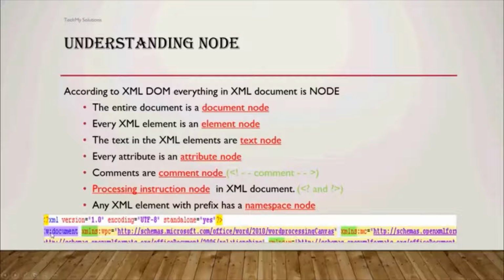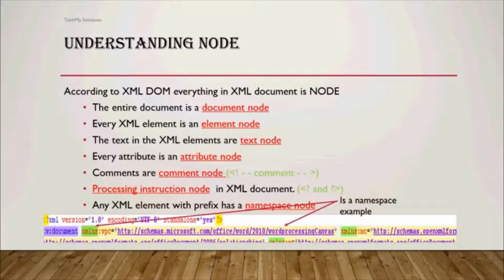This kind of node is called a namespace node, and they usually have this kind of attribute, which is xmlns, and which comes with a URI. This information is used by the XML document to understand what kind of information is being processed here. So this is an example of a namespace node.